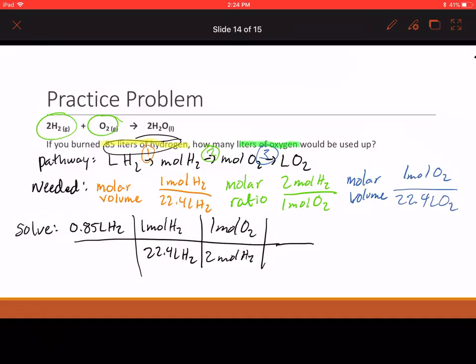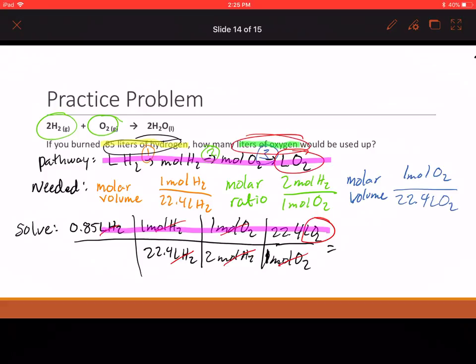And lastly, putting this in so that we have liters of oxygen on top and the moles of oxygen, that's a 1, moles of oxygen on bottom. So checking this, we see the units along the top here match our units in the pathway. We can also cancel our units that are on opposite sides of the dividing line, showing we're left with liters of oxygen, which is what we're looking for.